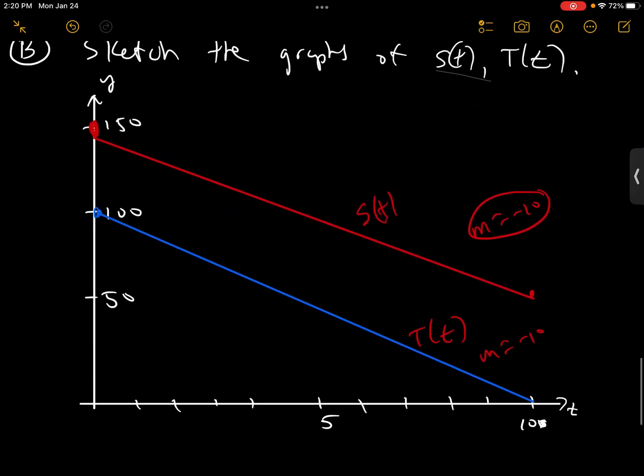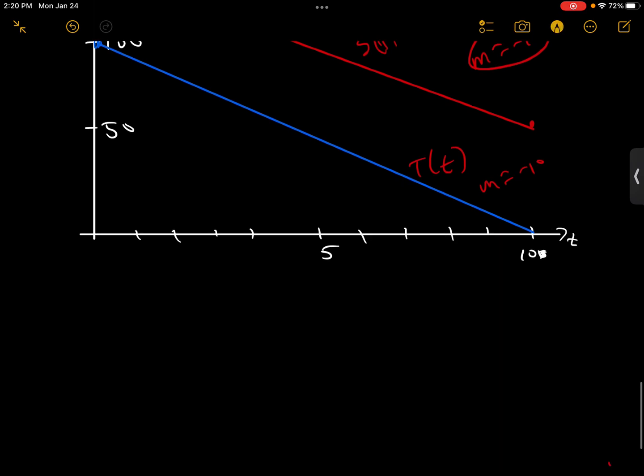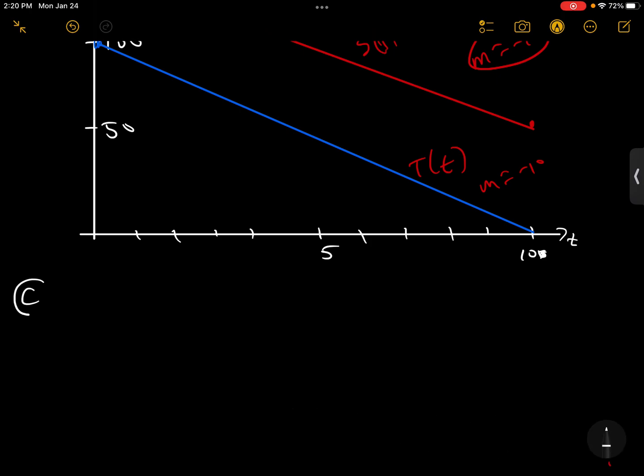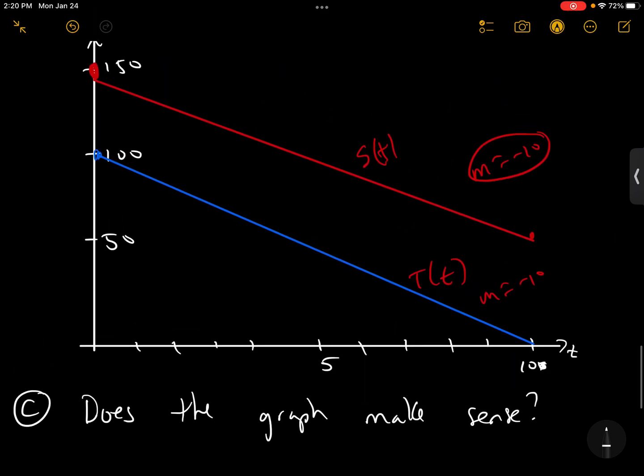And now for my favorite question. Does the graph make sense? Well, you've got a box sitting here that's being chilled by the outside temperature, which is linear.